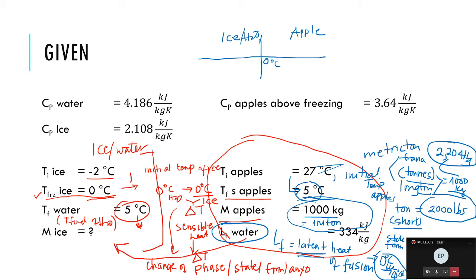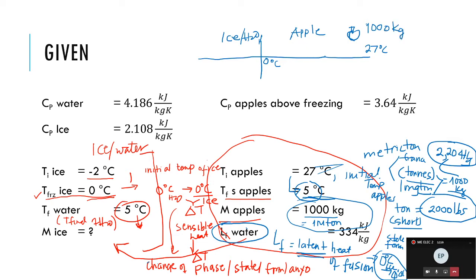Now the question is, what do we know about the apples? What is the initial condition, class? 27 degrees. Yeah, I have an apple which is 27 degrees centigrade. Pardon me with my drawing, but just to help us a bit. So I have here the weight, the quantity.